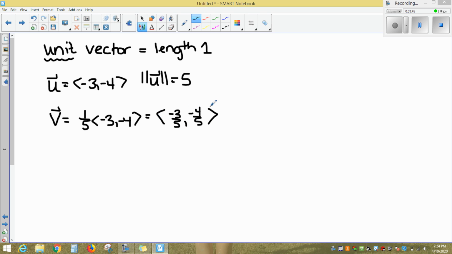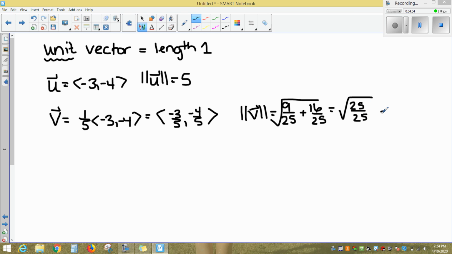But when we divide it by 5, the magnitude of v is going to be 1, so we'll make sure that we didn't mess anything up. It's still going to point in the same direction as before, but it's only going to be 1 unit in length.